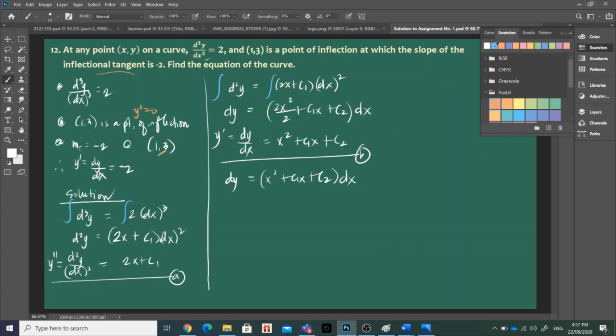And then we integrate. Ulit na pag-integrate. Okay, so y is equal to x raised to 3 over 3, okay, plus c sub 1 x squared over 2. Power formula lang ginagamit natin dito, ha? Plus c sub 2 x plus, okay, c sub 3. This is equation C. Ayan.